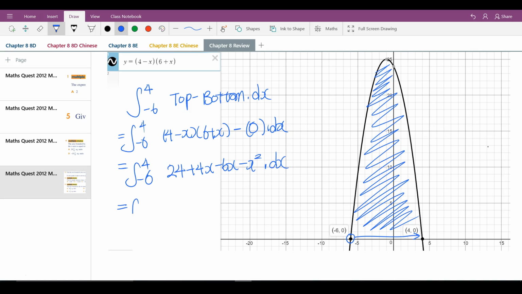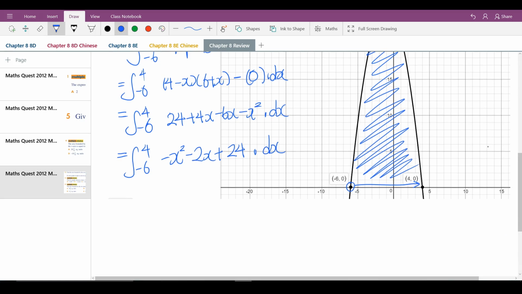Let's rearrange it with x squared first. Positive 4x minus 6x gives negative 2x, plus 24. Then integrate with respect to x. Finally, we can start integrating. Oops, no more integral sign.